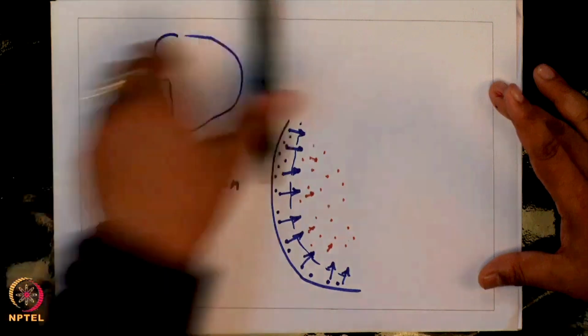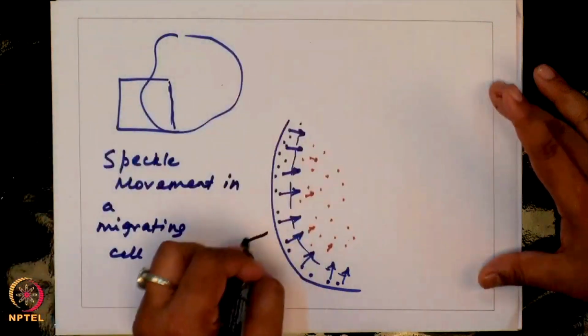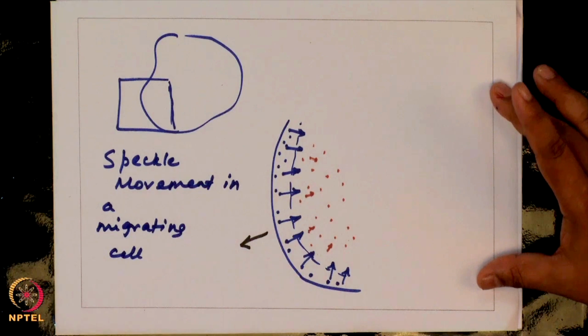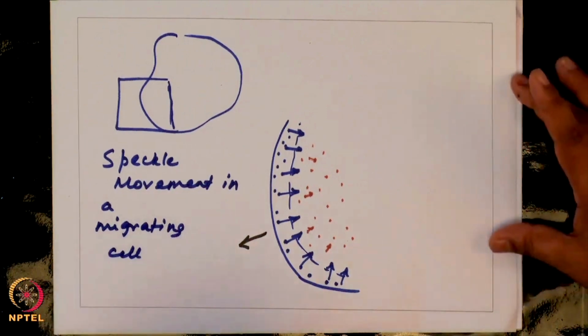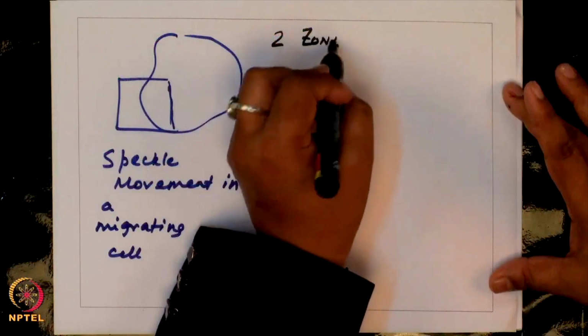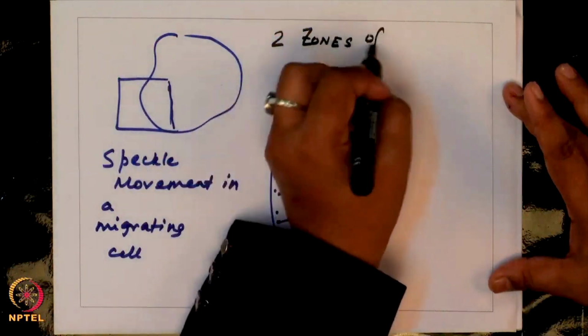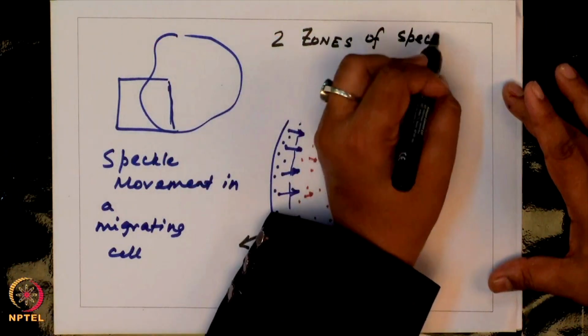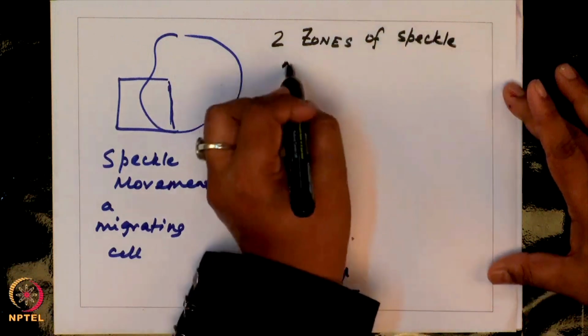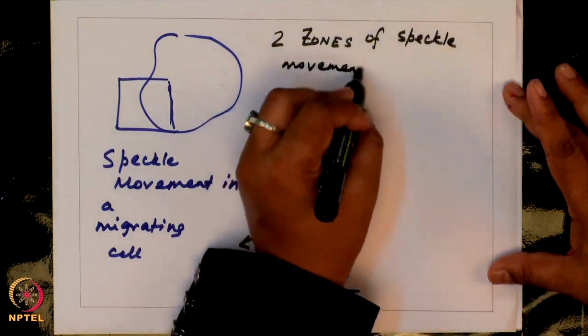This represents roughly the direction the cell is moving at this point of time. What you see is that there are two populations of speckles, or two zones of speckle behavior or movement.